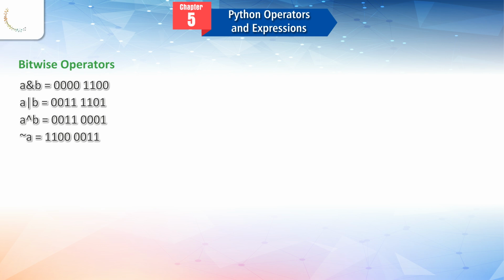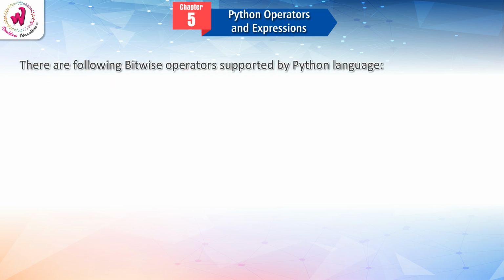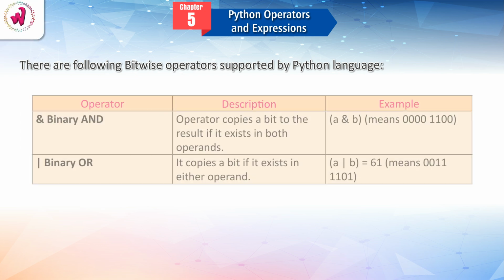A or B is equal to 00111101. A XOR B is equal to 00110001. Tilde A is equal to 11000011.